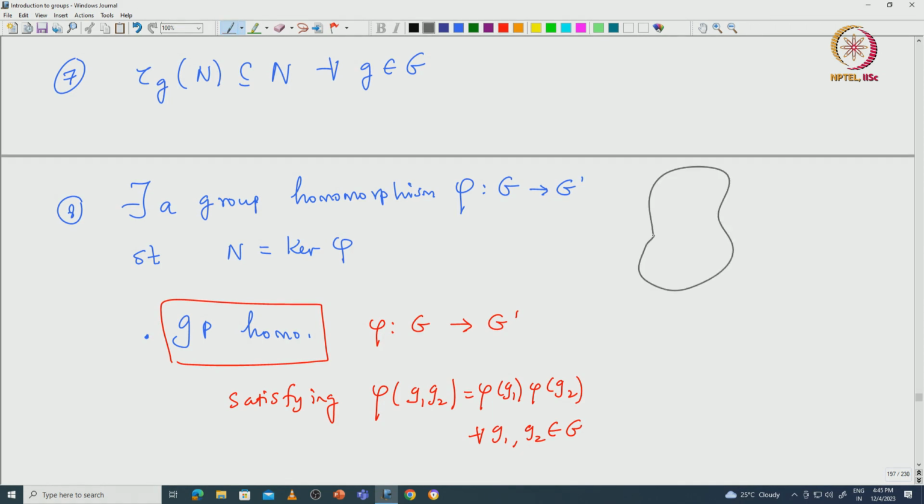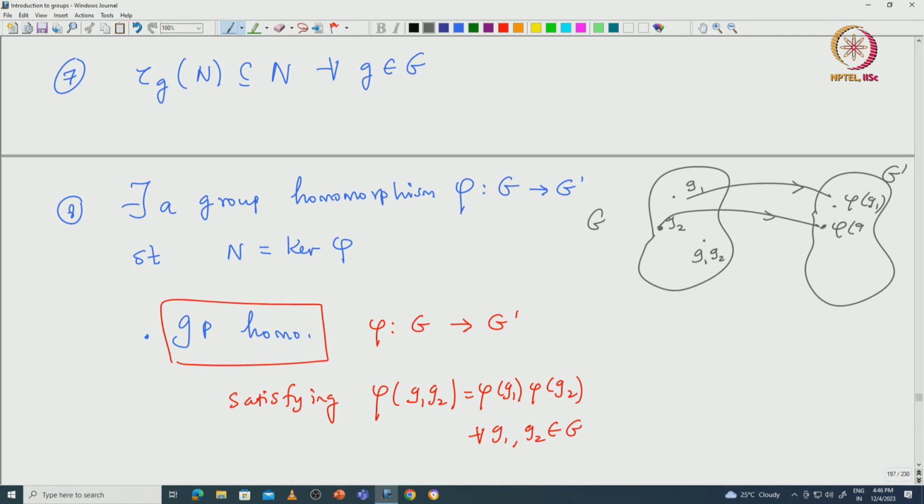Let's draw a picture and see what happens. Here you have G, and here you have G dash, and you have taken elements g1 and g2 here, and their product will lie somewhere here. Then g1 is mapped to phi of g1, and g2 is mapped to phi of g2.